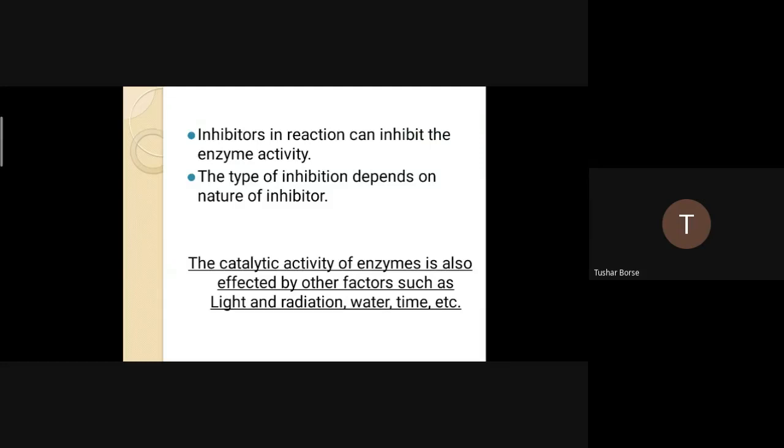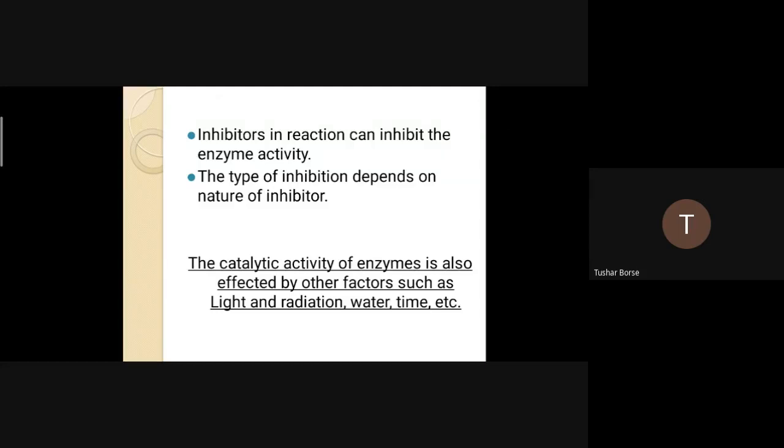It brings a conformational change in the enzyme, which does not allow the substrate to bind to the active site, and the reaction rate will be altered. Substrate cannot bind to the enzyme active site, sorry.